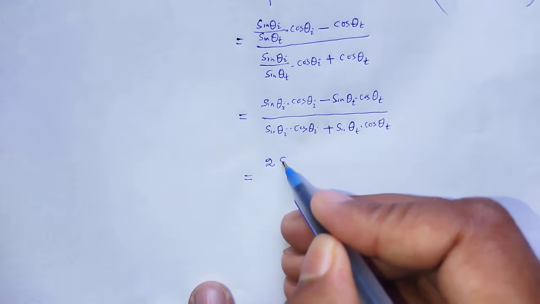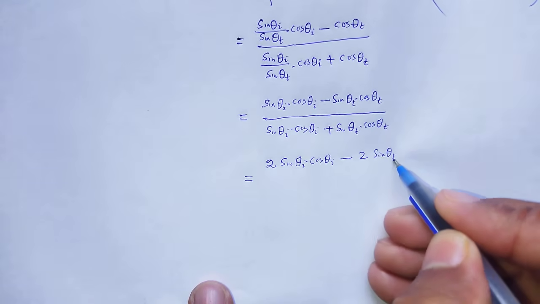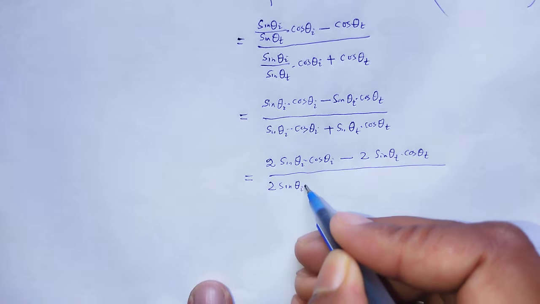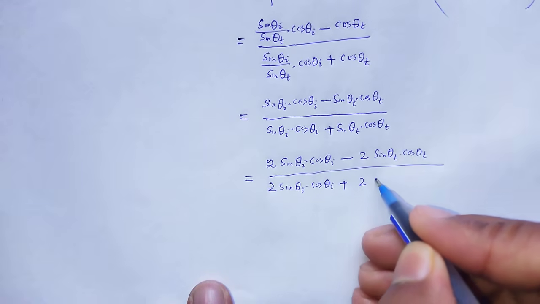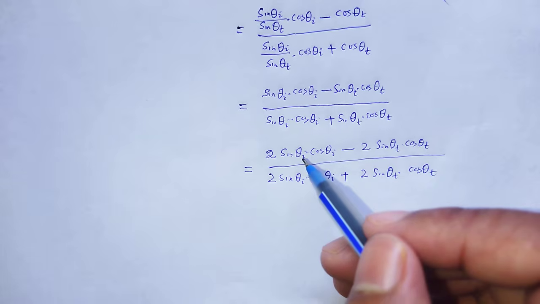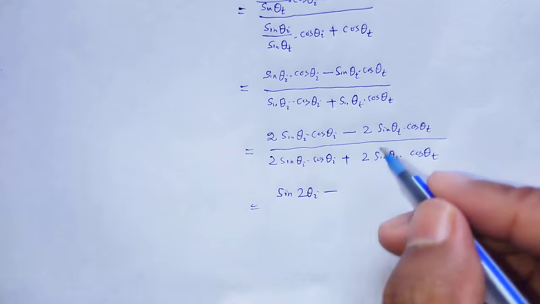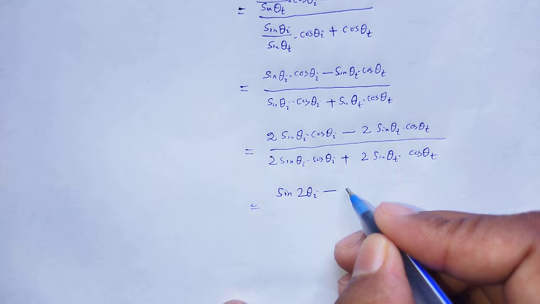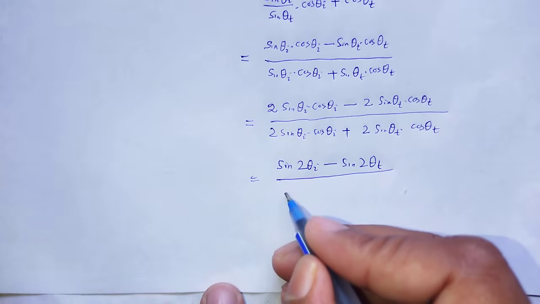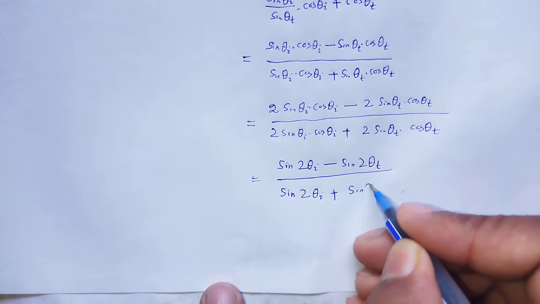So 2 sin theta I cos theta I minus 2 sin theta t cos theta t divided by 2 sin theta I cos theta I plus 2 sin theta t cos theta t. 2 sin A cos A is sin 2A, so sin 2 theta I minus sin 2 theta t divided by sin 2 theta I plus sin 2 theta t.